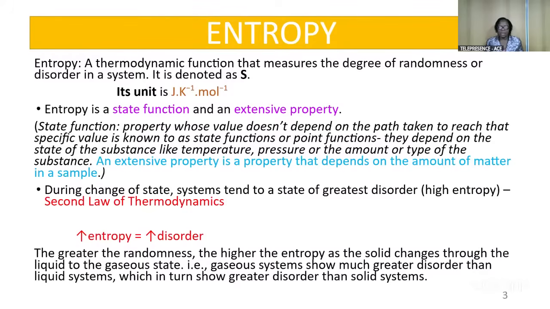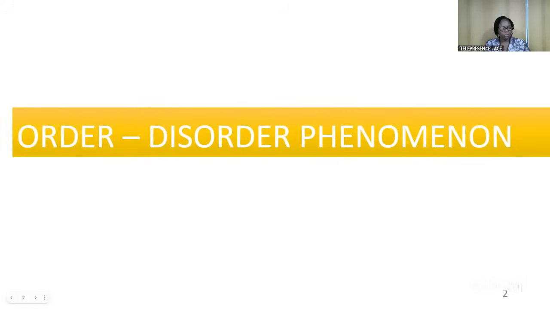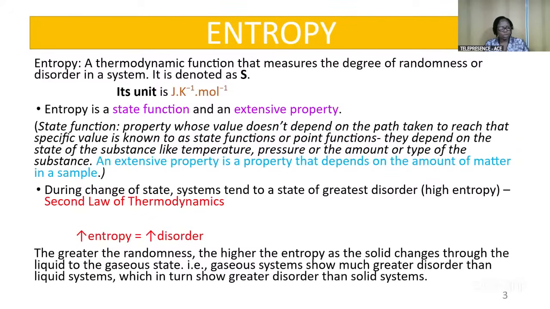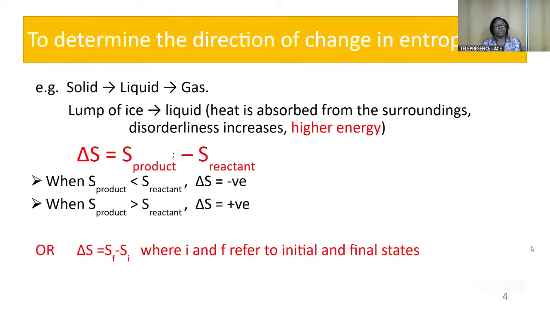So a gaseous system has much greater disorder than a liquid system, which of course has a greater disorder compared to solids. So what then do we need to understand in determining the direction of change in entropy?